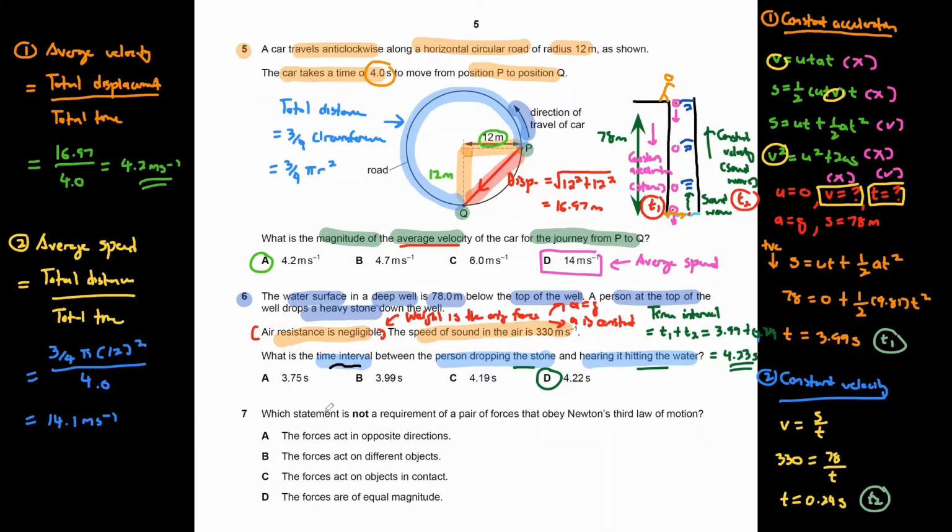In question 7, which statement is not a requirement of a pair of forces that obeys Newton's third law of motion? You are supposed to find out what is not an essential requirement here.